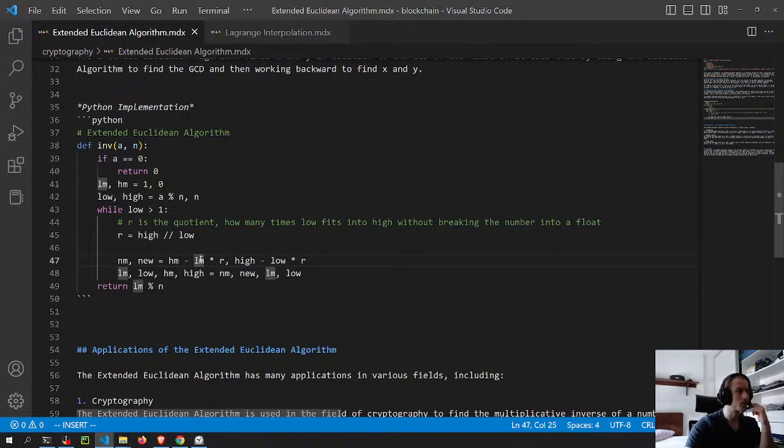So here it's going to be 1, and then it's going to be 0. So 0 minus, so NM is going to be negative R, but in the first iteration. High is the remainder of A divided by N. Low is the remainder, and high is the number.